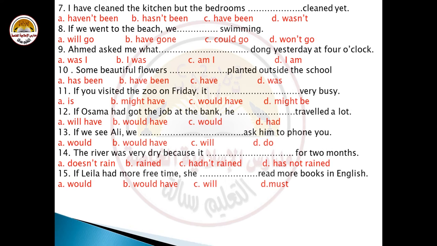Because it doesn't rain, because it rained, it hasn't rained. The river was very dry because it hasn't rained for 2 months.